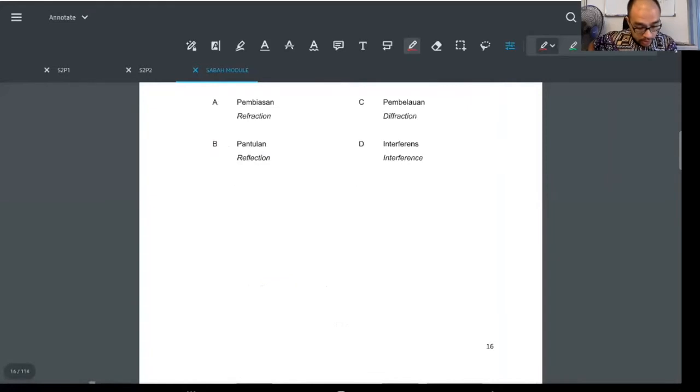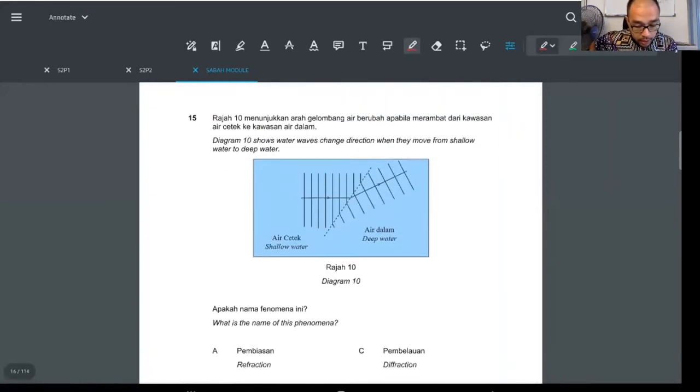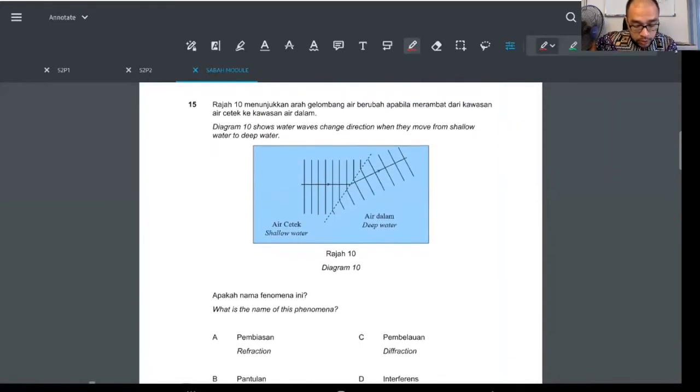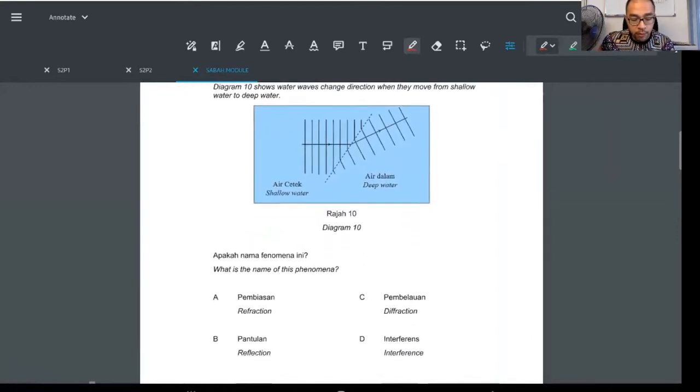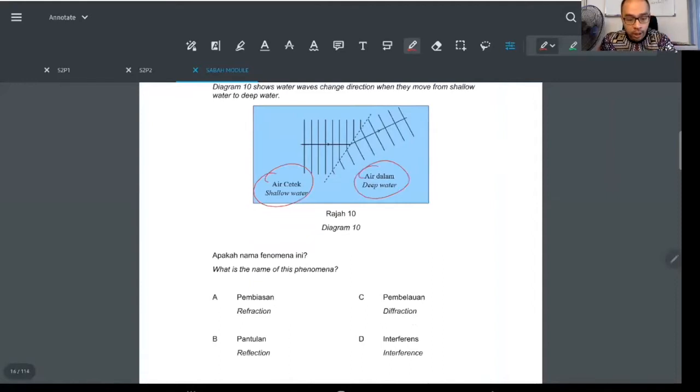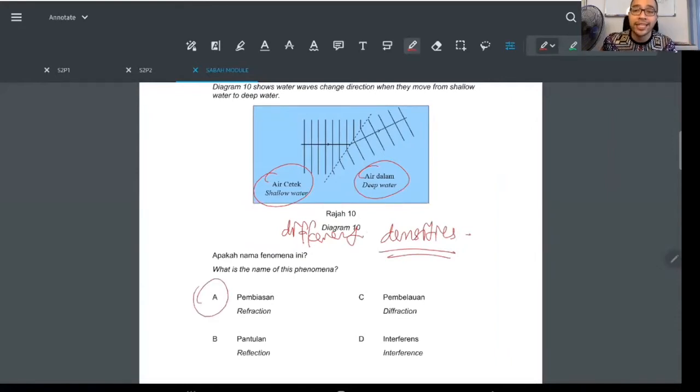All right, 15. Diagram 10 shows water waves change direction when they move from shallow to deep water. What is the name of this phenomenon? Shallow and deep water, we are talking about different densities. And when we talk about different densities, we are talking about refraction.